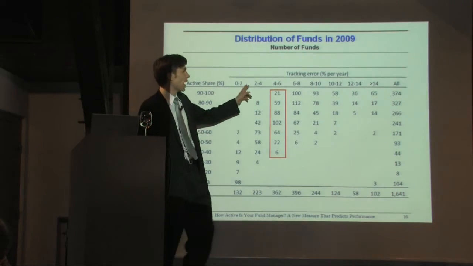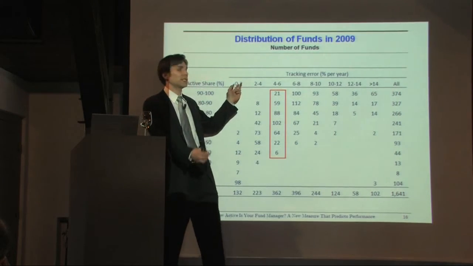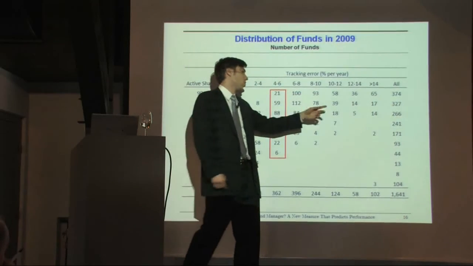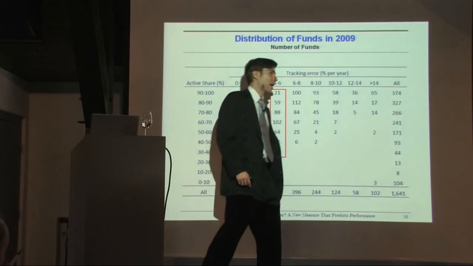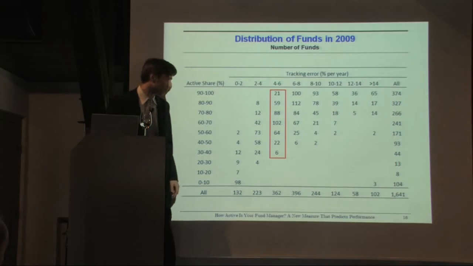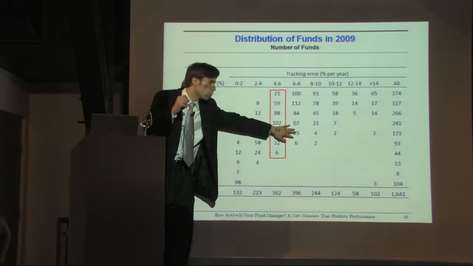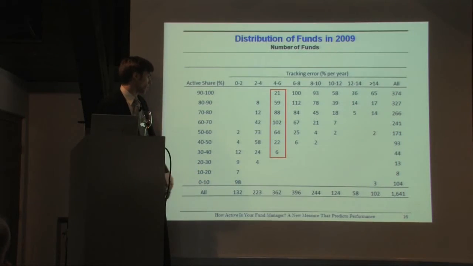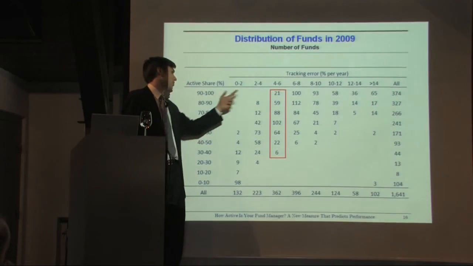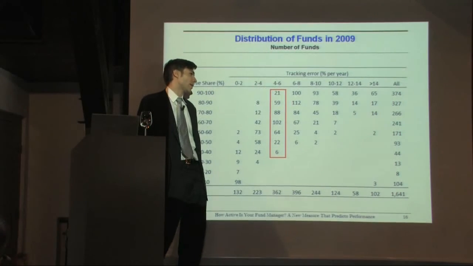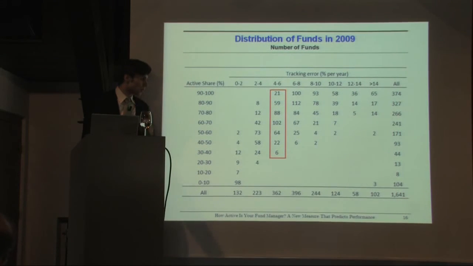And then we have tracking error groups, 0 to 2% tracking error volatility per year, all the way to greater than 14%. Each number here represents the number of funds in that cell. For example, this number says there are 21 funds with an active share between 90 and 100% and tracking error 4 to 6%.